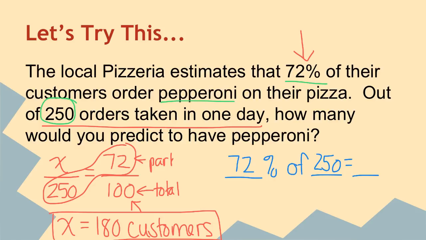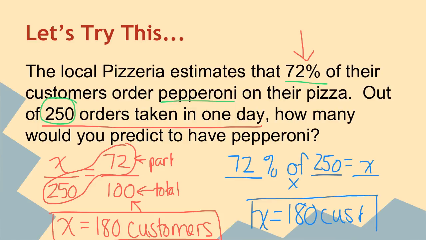Of means to multiply, so hit multiplication, 250, and if you enter, you still get 180. We think that out of 250 customers, 180 of them are going to want pepperoni pizzas. It doesn't matter to me if you use one of these methods or a different method, as long as you're getting the right answer and, of course, showing your work.